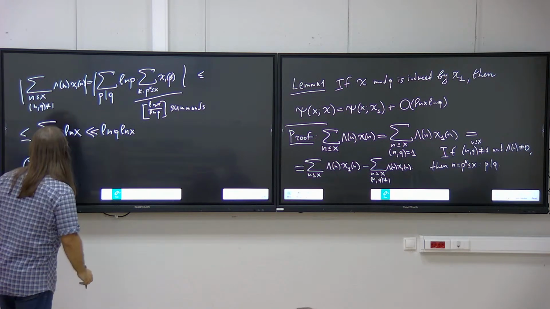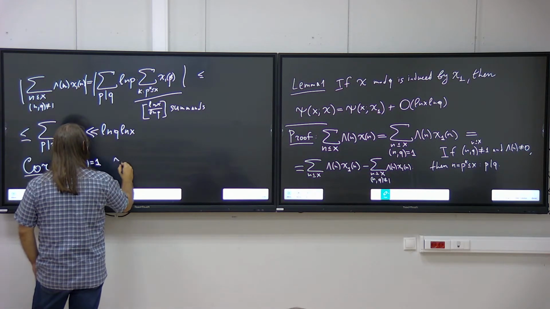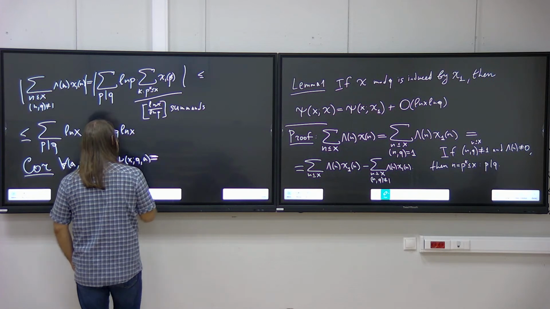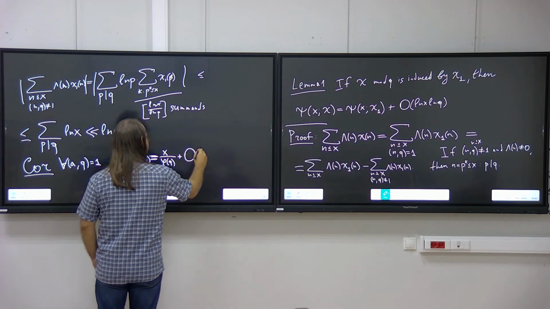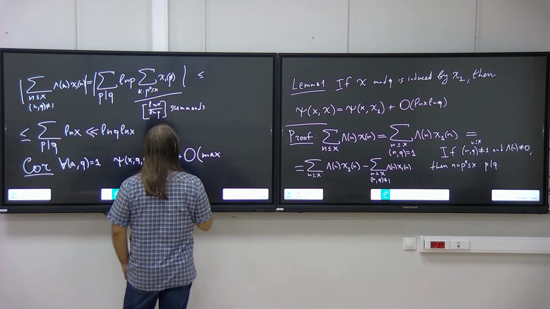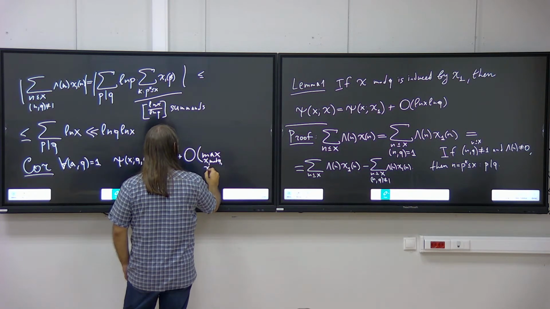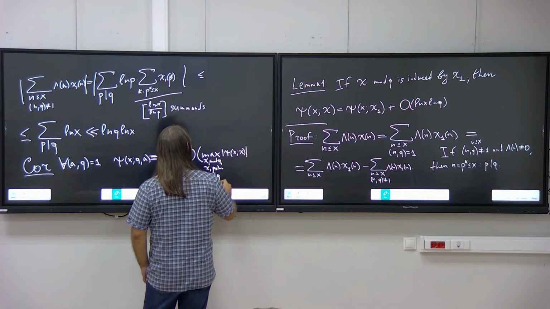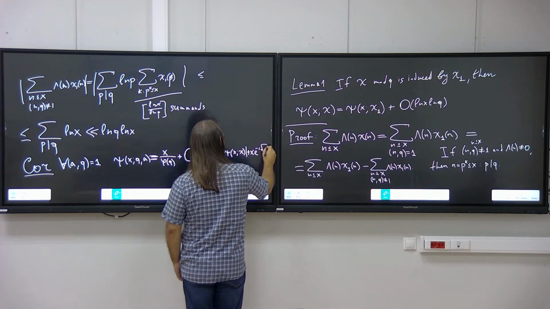Maybe we can state the following: for any a and q coprime, psi of x, q, a is equal to x over phi of q plus, say, big O of maximum over all chi modulo q1, chi 1 primitive, q1 divides q, absolute value of psi of x chi, and q1 should also be larger than 1, and plus some remainder term, something like this.